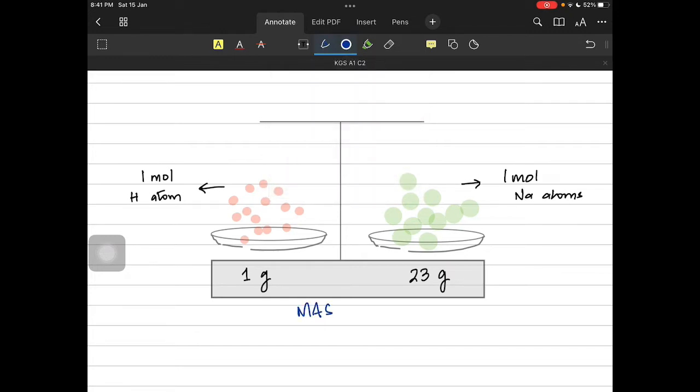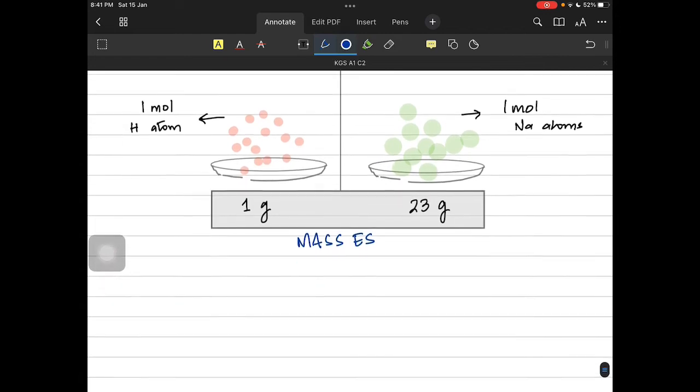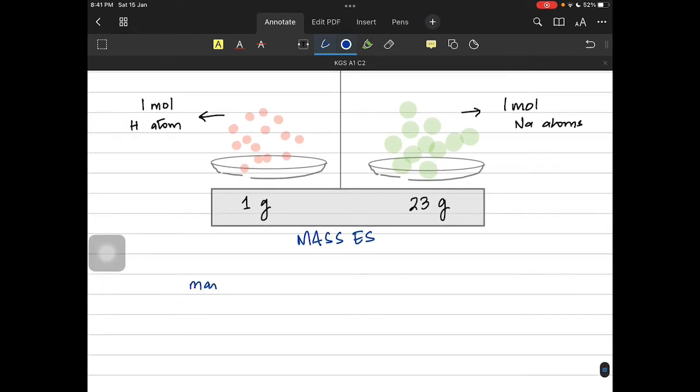Their mass would be different because an individual hydrogen atom is much lighter than an individual sodium atom. So we should know the fact that the mass of 1 mole is an individual and unique value for each substance.